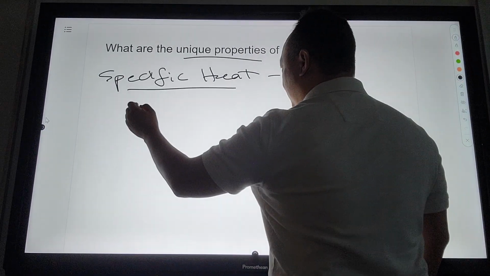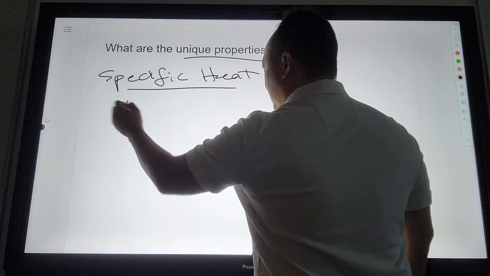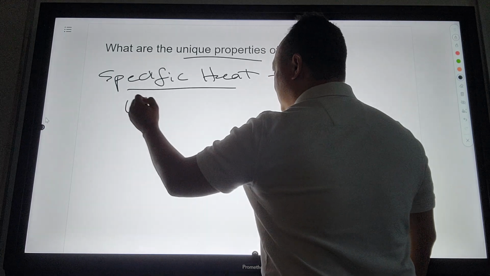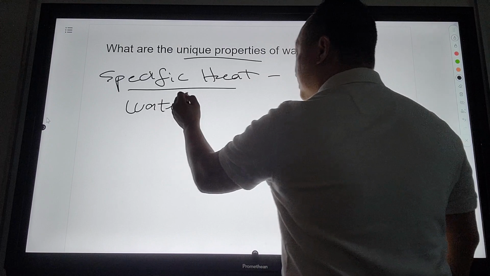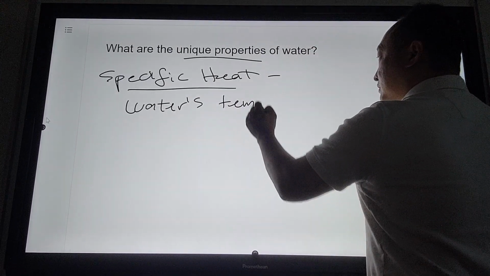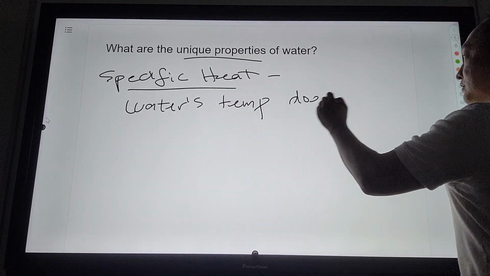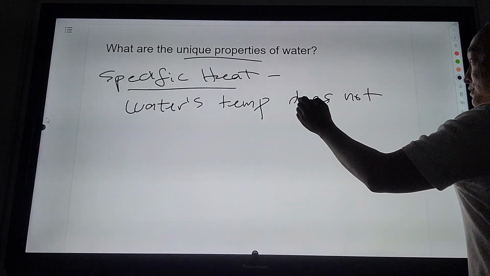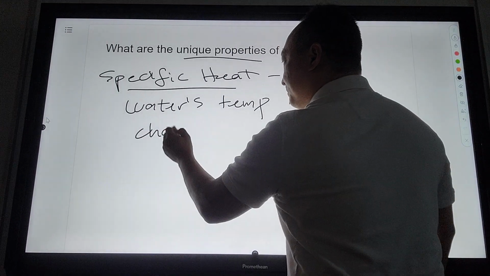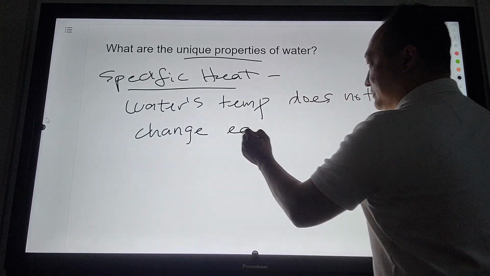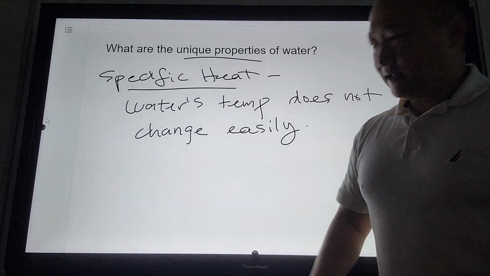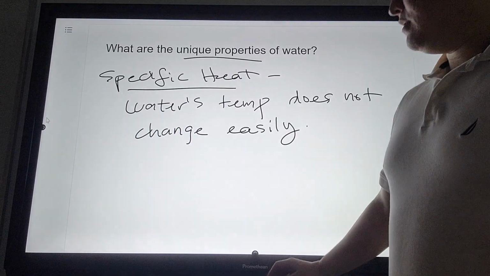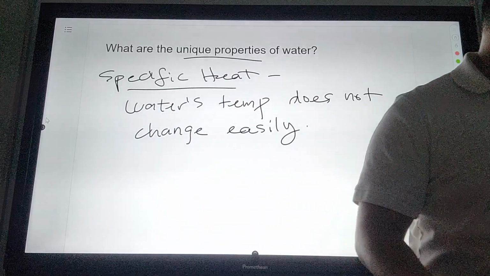So you can simply state water's temperature does not change easily. And that concept is known as the high specific heat of water.